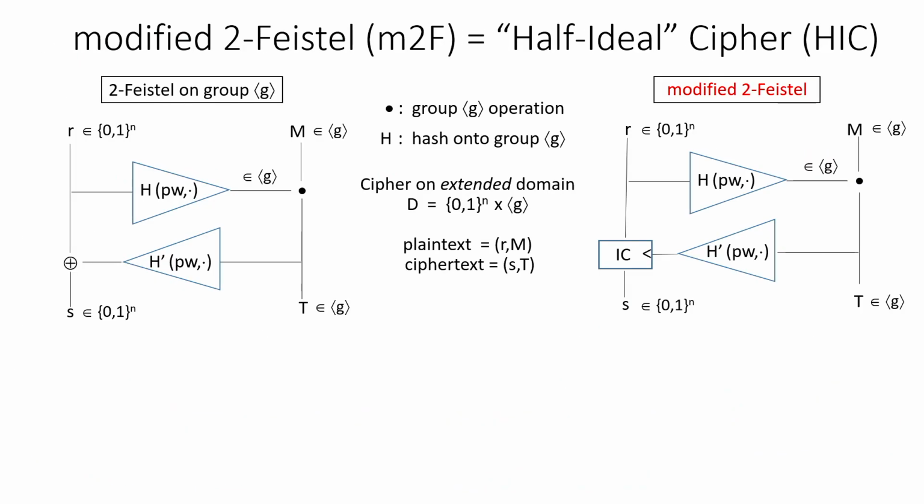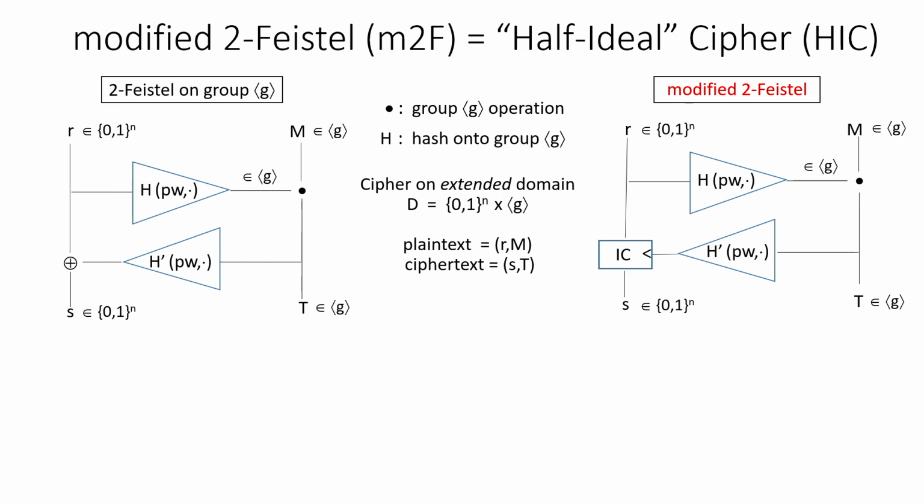Okay. So how? Here is 2-round Feistel, and you can think of it as a cipher on an extended domain. You have a group element on one wire, and a bit string on the other: hash onto a group operation, hash onto bit string, XOR.